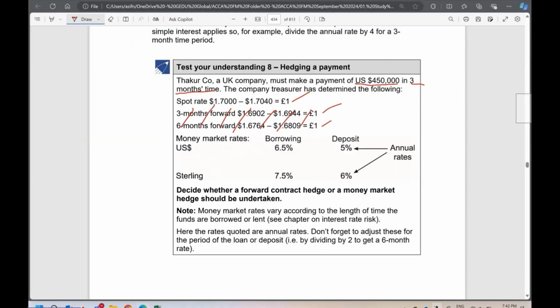So we have to pay 450,000 US dollar in 3 months time. What hedge do we use? If you have to pay $450,000 in 3 months time, don't wait for 3 months time. Exchange $450,000 today. How? Borrowing in your local currency, which is sterling here.